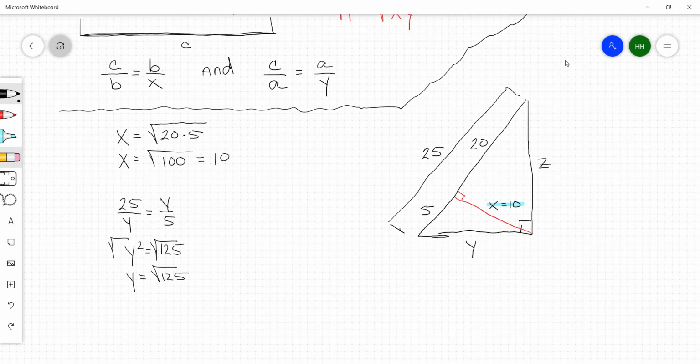So if y equals the square root of 125, then y equals the square root of 25 times the square root of 5. So y equals 5 radical 5. So there's your y value.